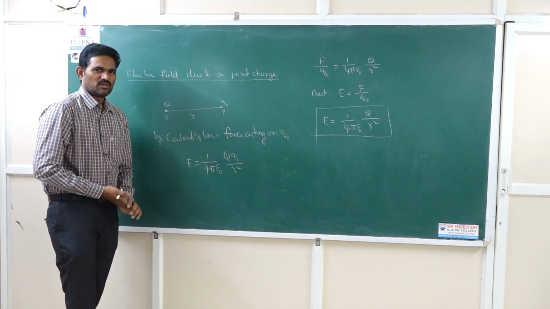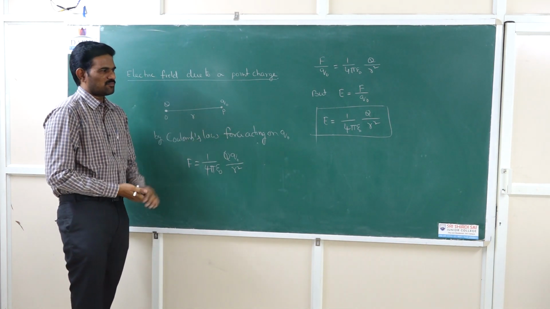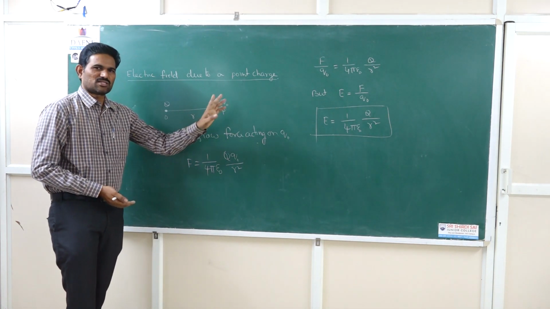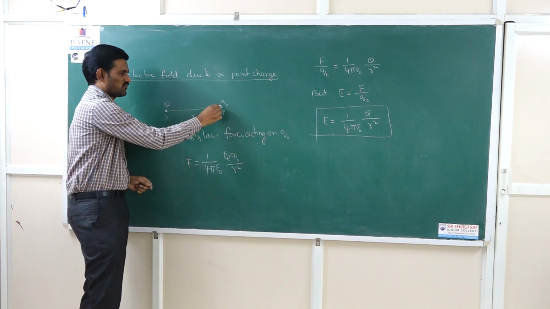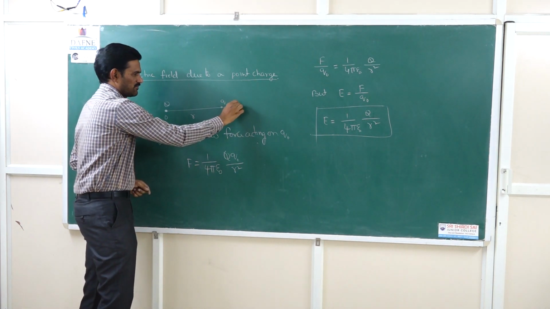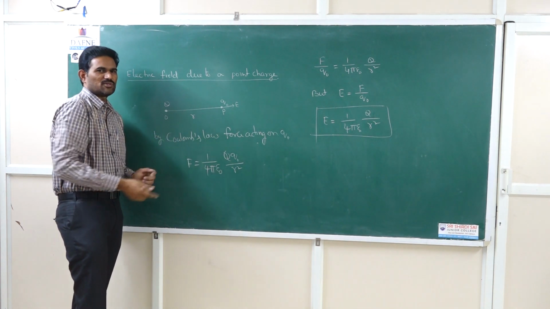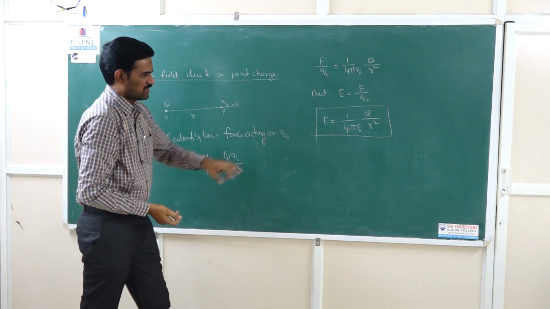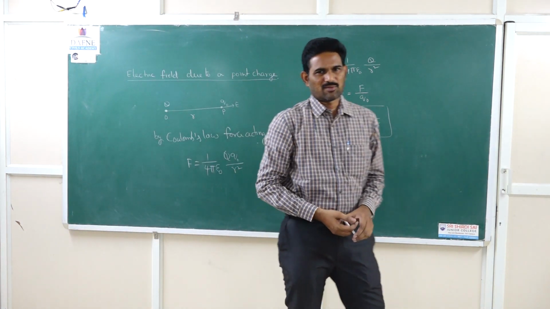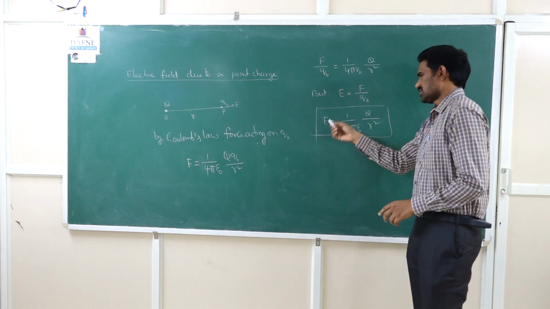If it is a positive charge, the direction is away from the charge, and if it is a negative charge, it is towards the charge. So the direction depends on the nature of the charge Q.